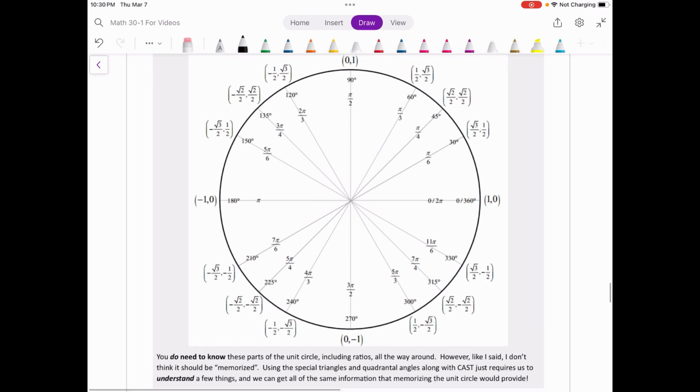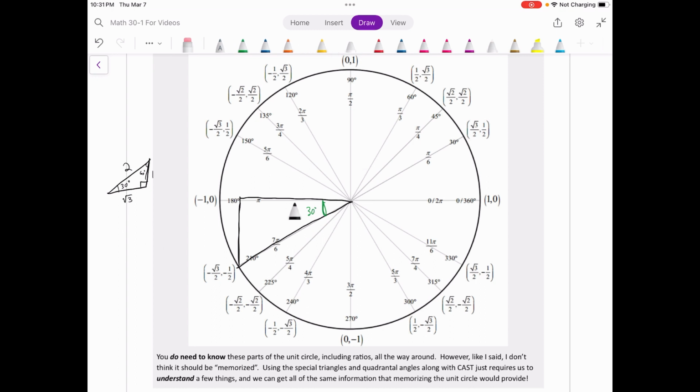Again, this 210 one has a reference angle of 30 degrees, so the ratio of its sides will be the same magnitude as our special triangle with the 30-degree angle here, the 60 here. So sine of 210 will be something like 1 over 2, or 1/2.